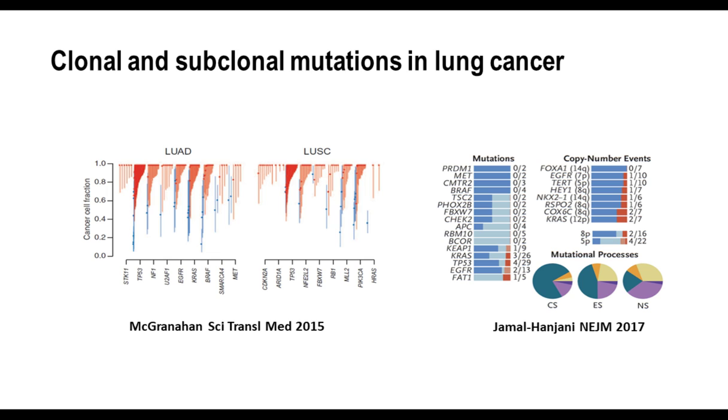Now, what we learned from many studies that assess driver mutations in cancer is that in many cases, mutations such as KRAS, EGFR, and others are driver mutations that are clonal. But still, as shown in these studies, it's possible to identify in some cases subclonal KRAS or EGFR mutations. Actually, by using targeted sequencing, the fraction of cases in which we identify possible subclonal driver mutations is really increased.